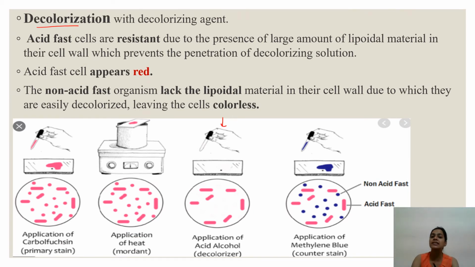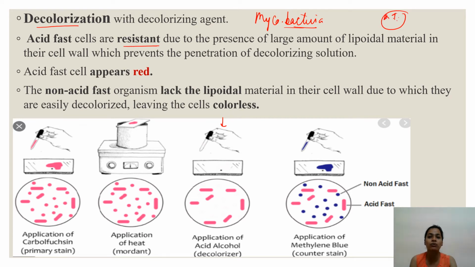Now, in the next step, that is our decolorization step, we use acid alcohol for decolorizing. When we use the acid alcohol, the mycobacteria, because they have a higher lipoidal content in the cell wall, will resist the decolorizing effect of the decolorizer. It will resist the release of the primary stain from the cytoplasm.